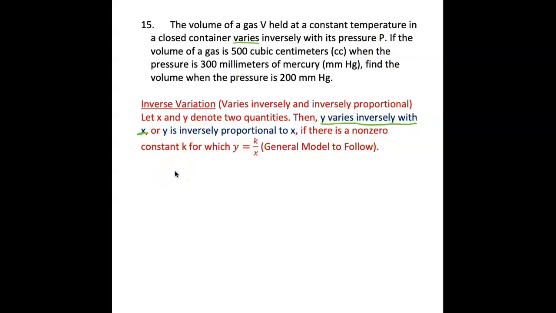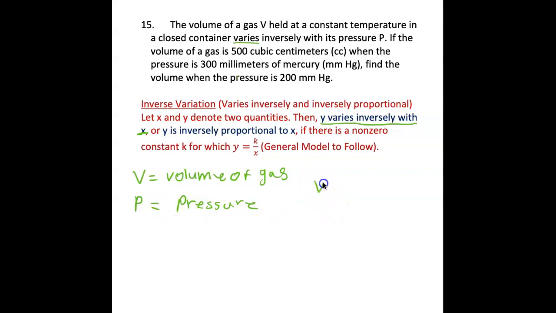So just like the previous examples, we first identified that we're dealing with variation and which type of variation. Then we write what each of our variables means. The volume of the gas is V, and the next is P, which is the pressure.